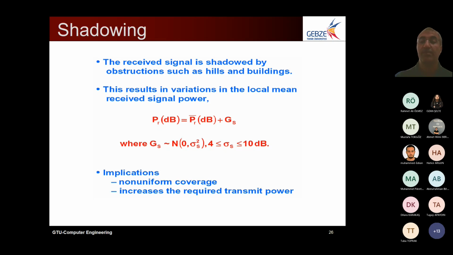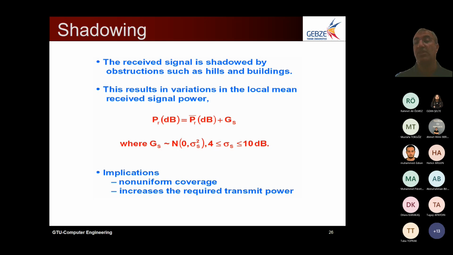We model this shadowing effect as follows. Received signal power is equal to average received signal power plus the fluctuation, which is the shadowing effect, denoted by GS. GS is modeled as a log-normal distribution with zero mean and a variance of sigma s squared.